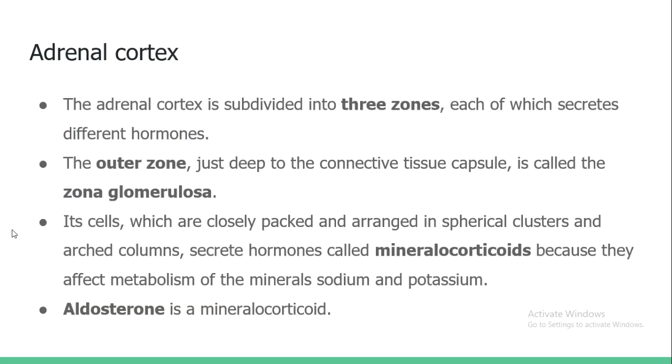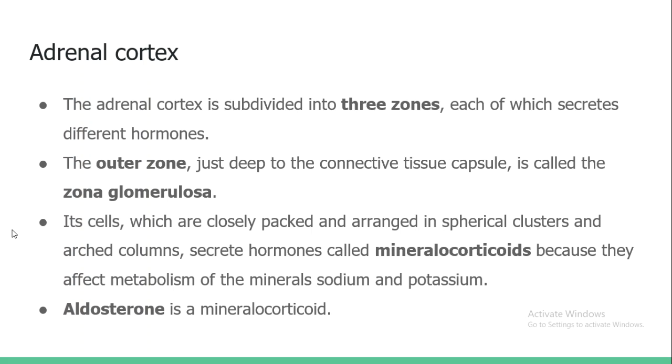Now the adrenal cortex is subdivided into 3 zones, each of which secretes different hormones. The outer zone, just deep to the connective tissue capsule, is called the zona glomerulosa.